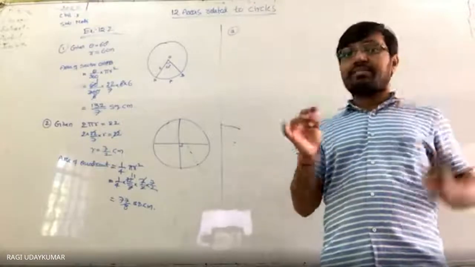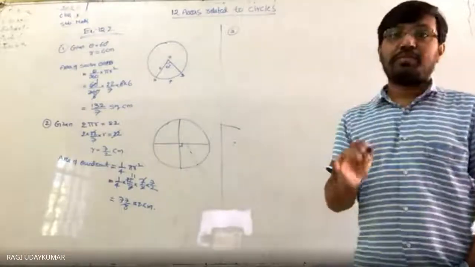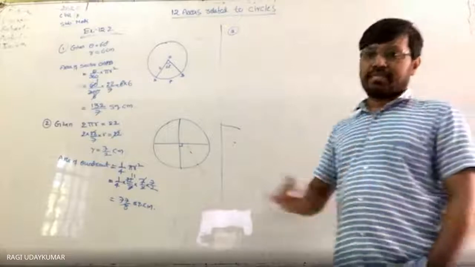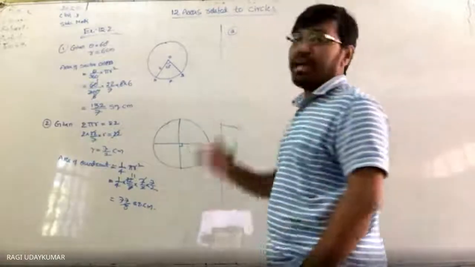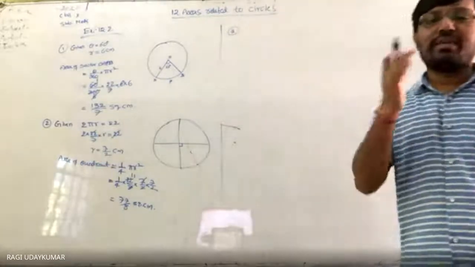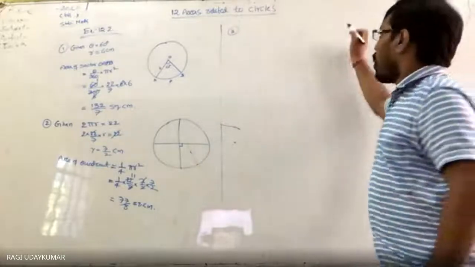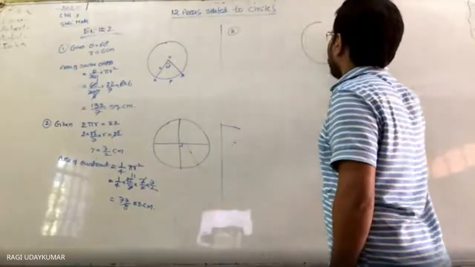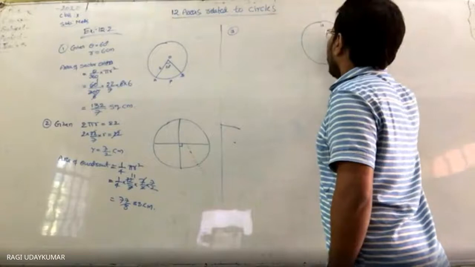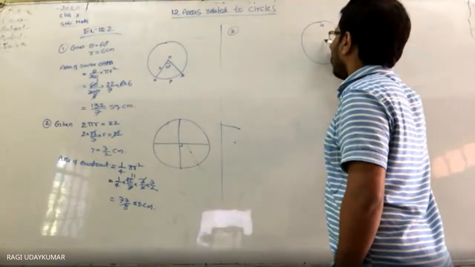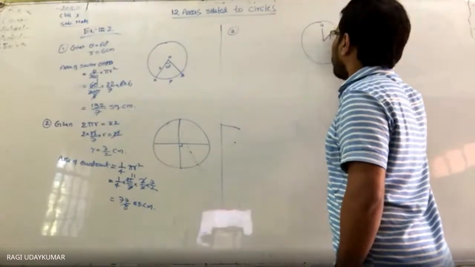Find the area swept by the minute hand in 5 minutes. In 5 minutes, what is the angle made by the minute hand? Consider a clock, either 12 or 1. In 5 minutes the minute hand will move from here to here.